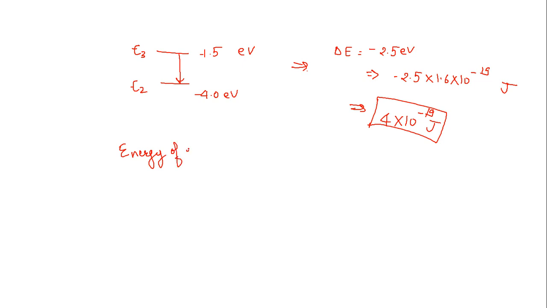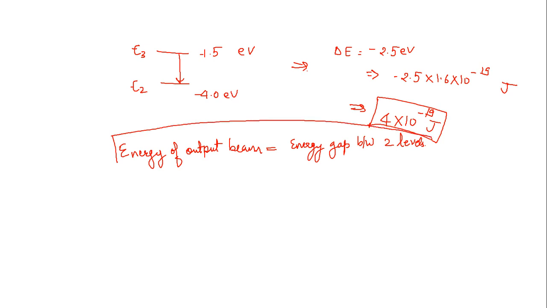The output beam, which is our emitted beam, should match the energy gap between two levels. So this is the main principle of how we do the calculation for such questions.